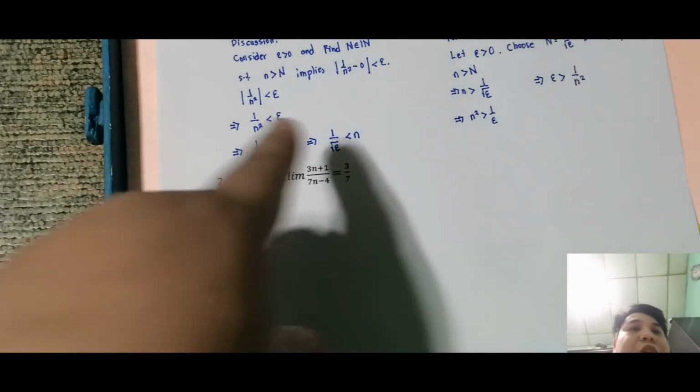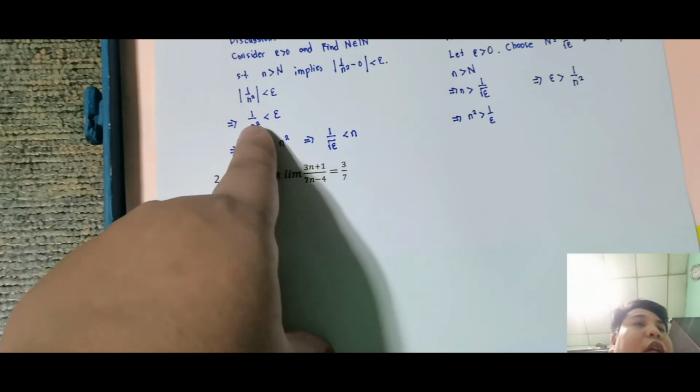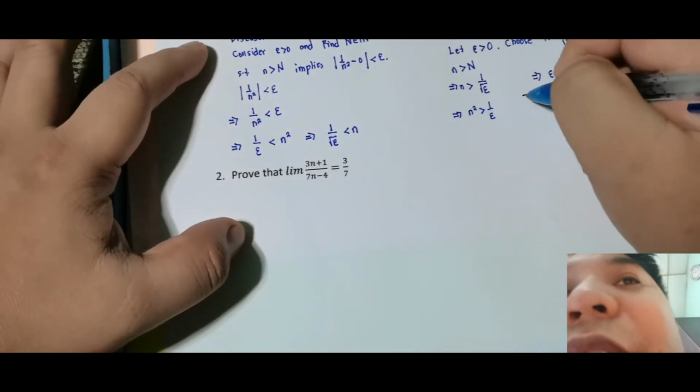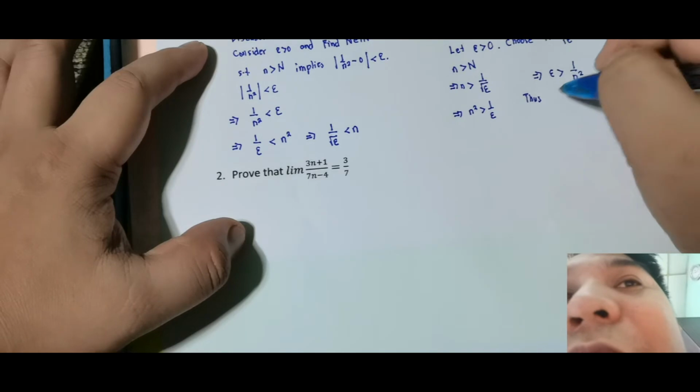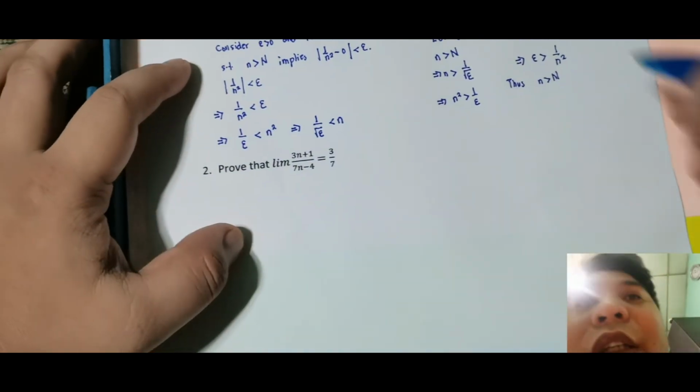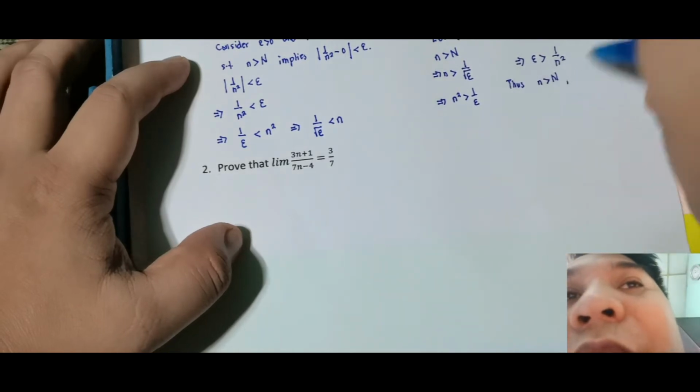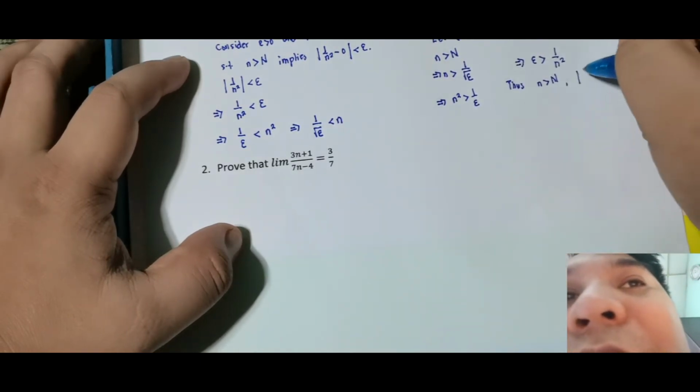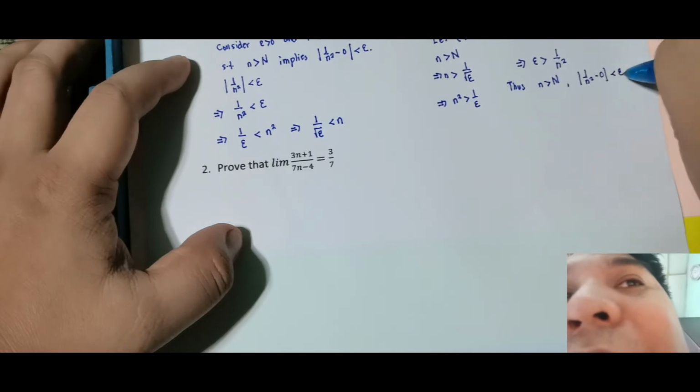Okay, so ayun, nangyari na napunta na ako dito. Thus for n is greater than big N, we have 1 over n squared minus 0 is less than epsilon.